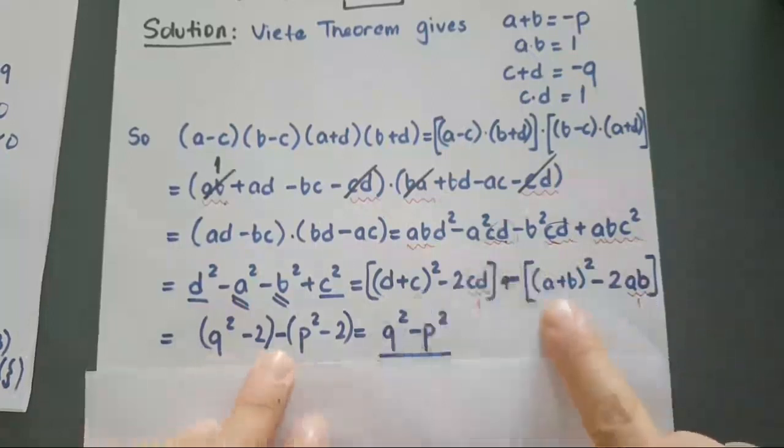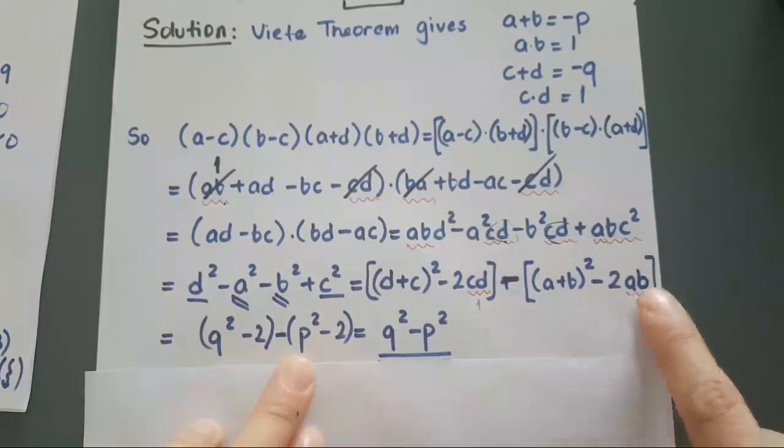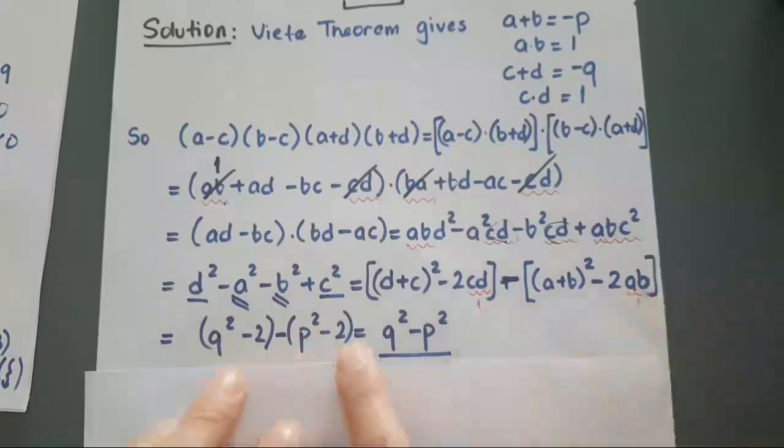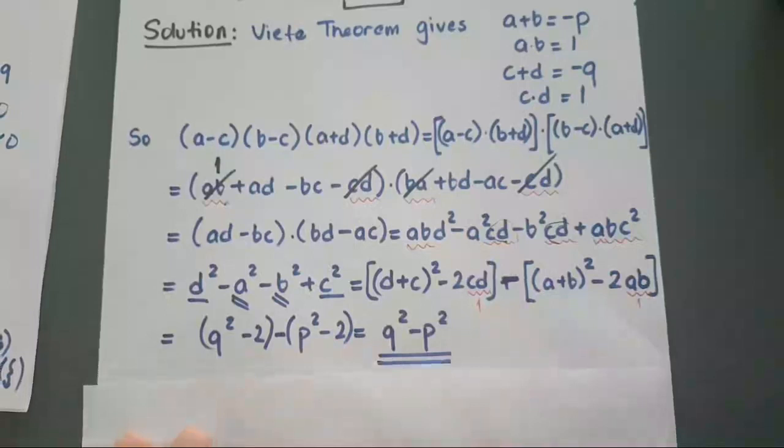Minus A plus B to the power of 2, which is P squared, minus 2 times A times B, which is 2. So we have Q squared minus 2 minus P squared minus 2. If I simplify this expression, when you multiply the second one by minus 1, you will get Q squared minus P squared minus 2 plus 2, which is equal to only Q squared minus P squared.